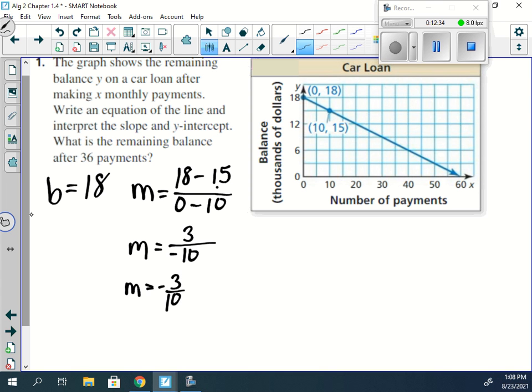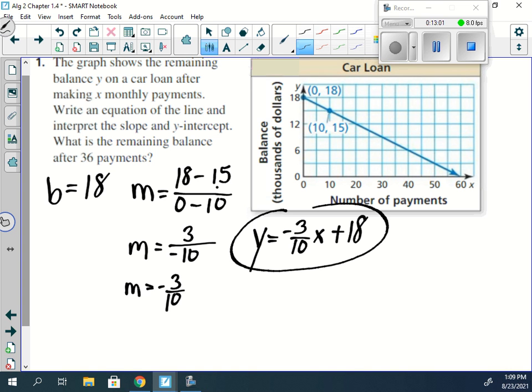Because we're making payments on a loan, aren't we? It should be going down. Should be paying it off. So our equation: y equals our slope, negative 3/10 x plus 18. So we have the equation of a line.